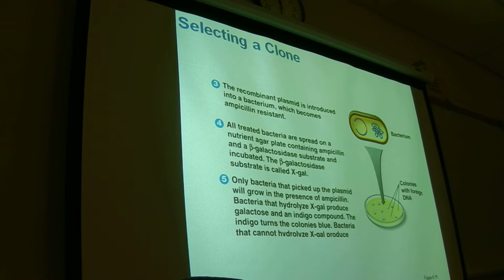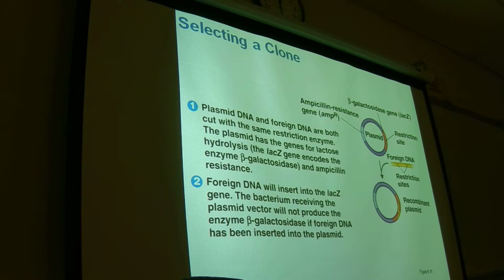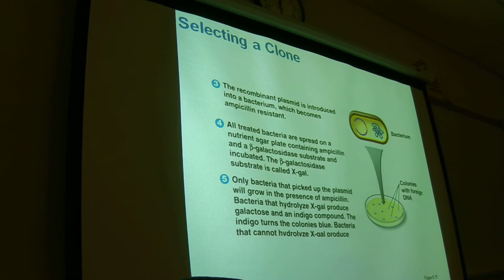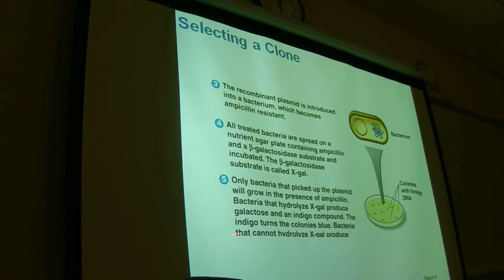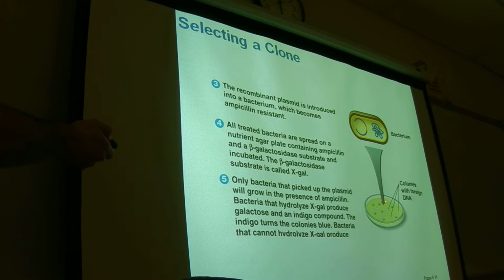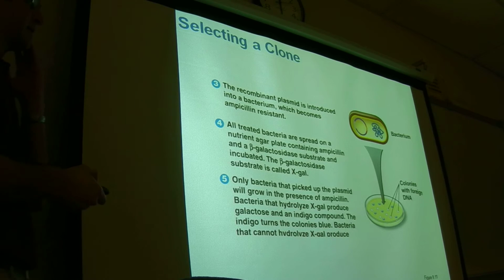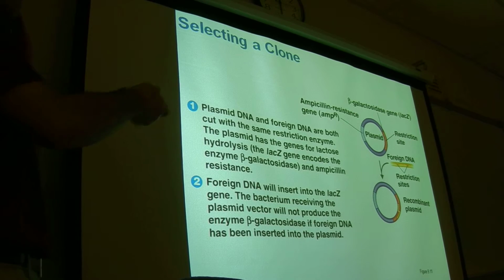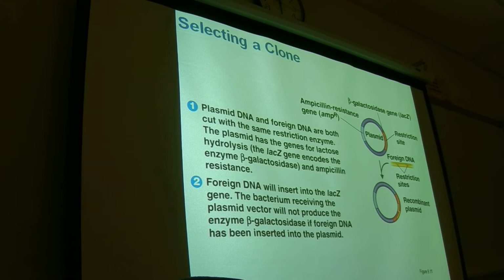Okay? And what you do, you have to grow these cells on a media that allows this gene to report out whether or not there's an intact gene. So in this case, you grow it in media that has a chemical called X-gal. Okay? If the cells turn blue on X-gal, it means they have this beta-galactosidase gene. If they turn white, it means they don't have beta-galactosidase.